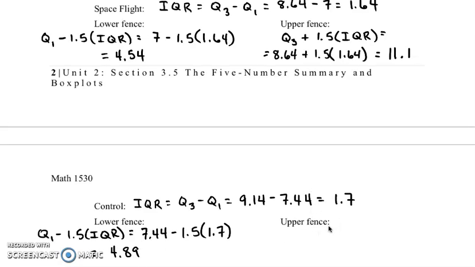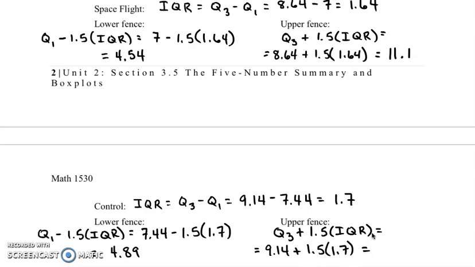The upper fence, remember, is Q3 plus 1.5 times the interquartile range, which is 9.14 plus 1.5 times 1.7, which gives us an upper fence of 11.69.